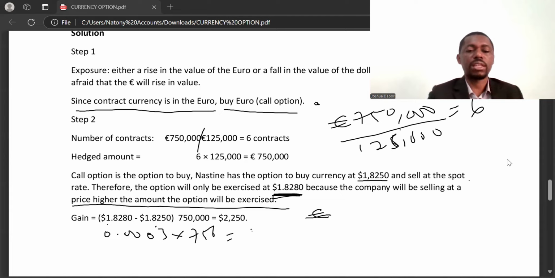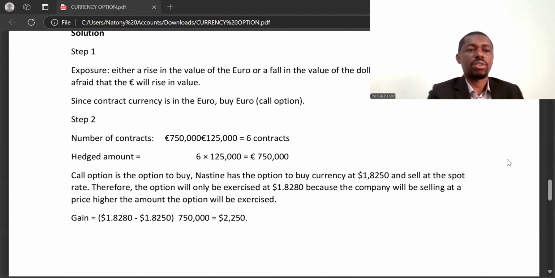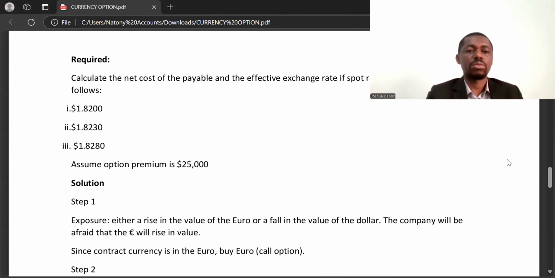That will finally give you 250. If you observe, the gain is not in the euro. The gain is in the USD. So why is it so? So you don't make that mistake in your exam of putting the gain in the wrong currency. Let me show you why it is so.